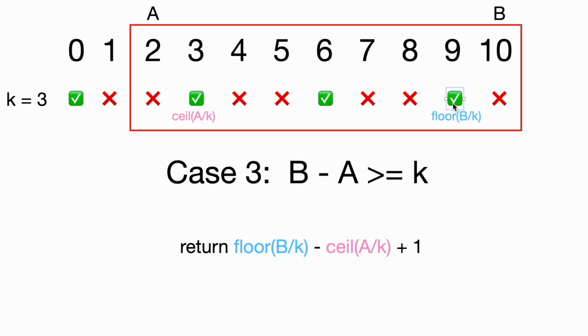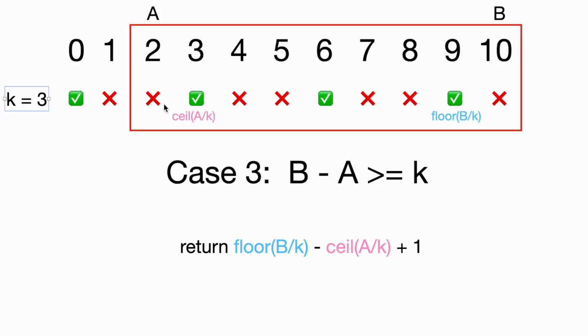So when we subtract these two and add 1, we'll have the desired result. And please note that these numbers here are the numbers that result from the division between this number in the segment and k. So in this case, this will be 3 and this will be 1. That's important. So without further ado, let's go ahead into the code.